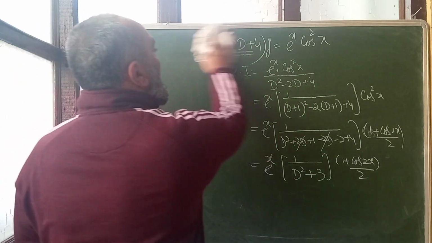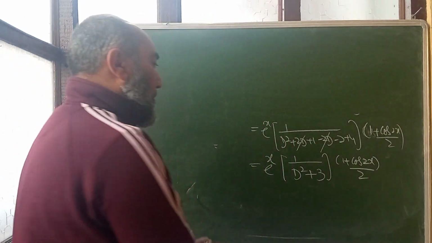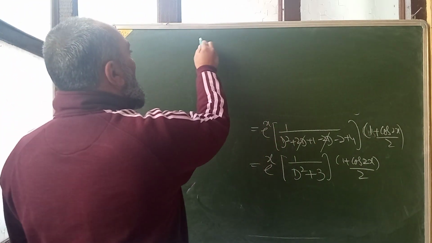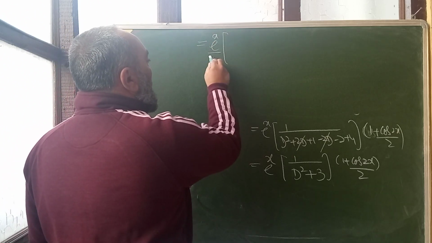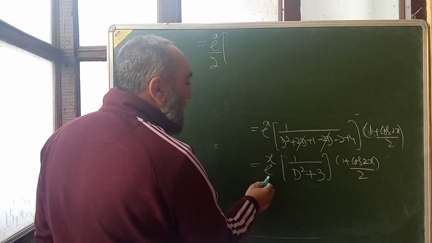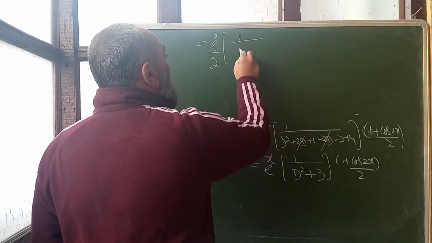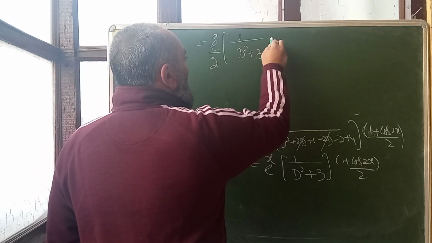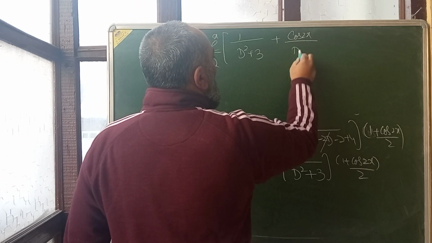Fine. Now this is equal to e to the power x by 2, where I take the 2 out, divided by 2. This is 1 upon D squared plus 3, then cos 2x upon D squared plus 3.